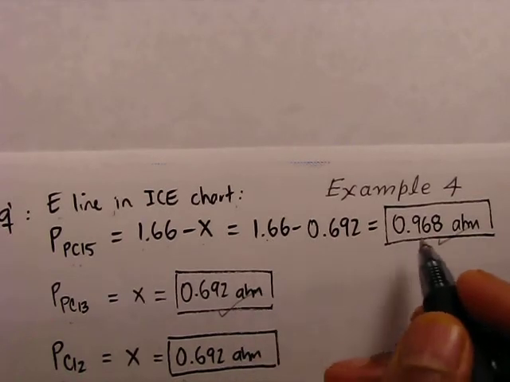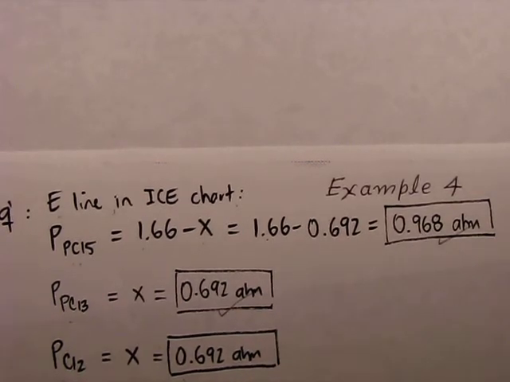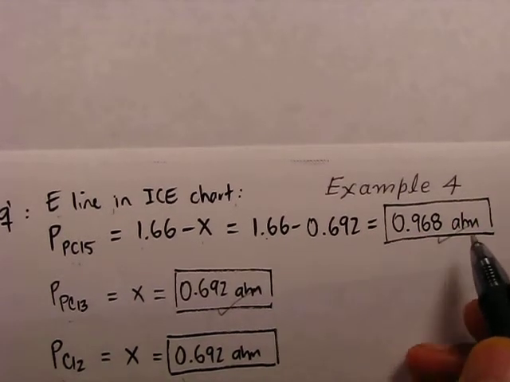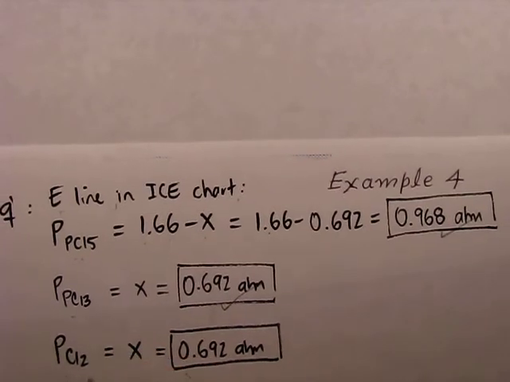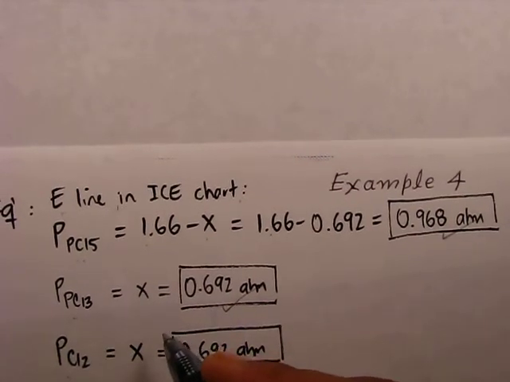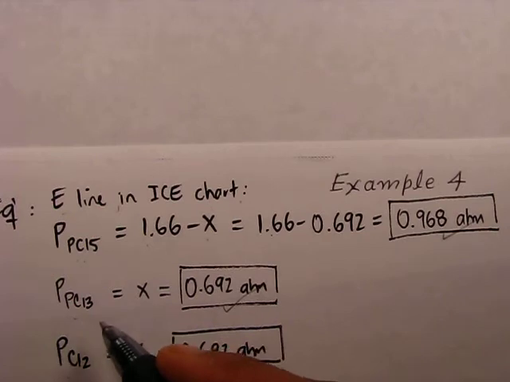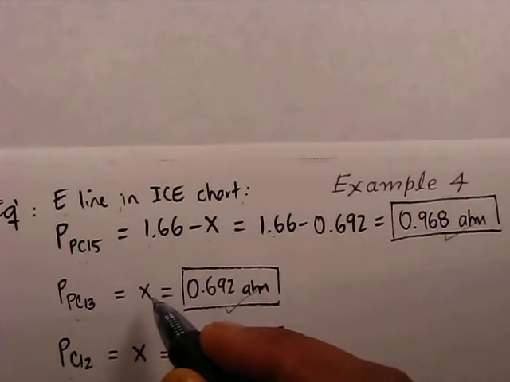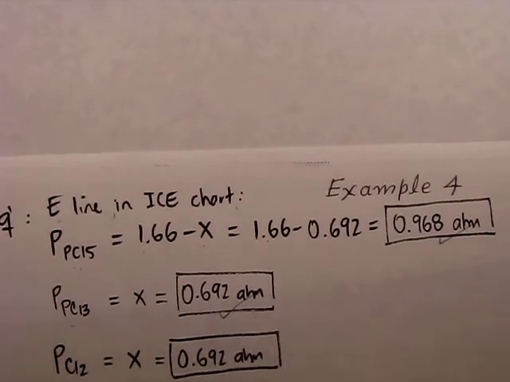Subtracting from the initial concentration, we get the pressure of PCl5, which is 0.968 atmosphere. And PCl3 and Cl2 pressures, these are all pressures of gases, will be equal to x. So x is equal to this much, 0.692.